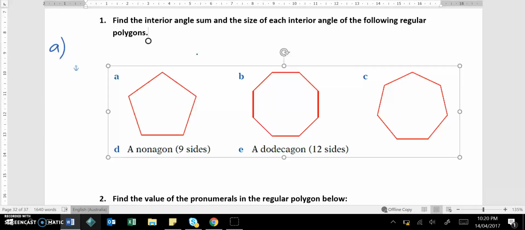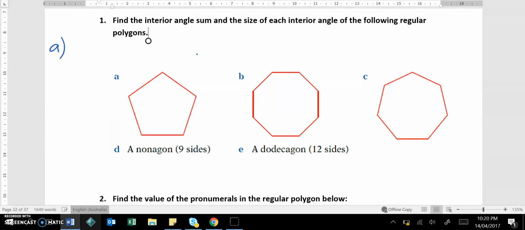It's a pentagon, and we want to find the interior angle sum. So S equals 180 times the number of sides, 5 minus 2, in other words times 3. When I work that out, I get 540.